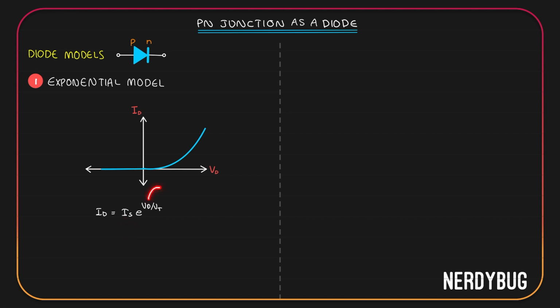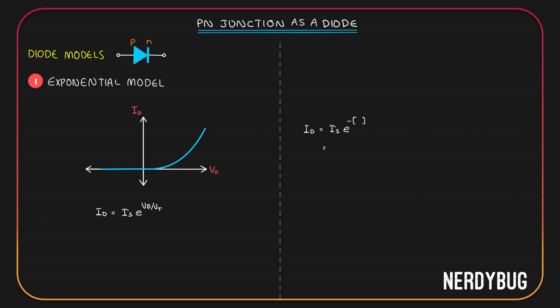Now let's see what happens if the applied voltage is negative. In that case, Id will become Is e raised to negative of something. But since Vt is a very small number, Vd by Vt is a very large number. So here we have Is multiplied by e raised to negative of a large number.